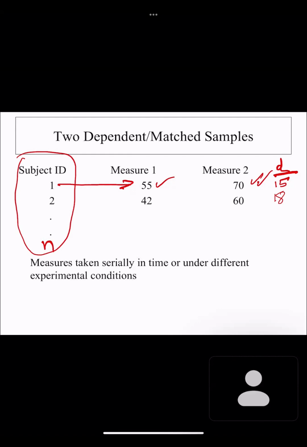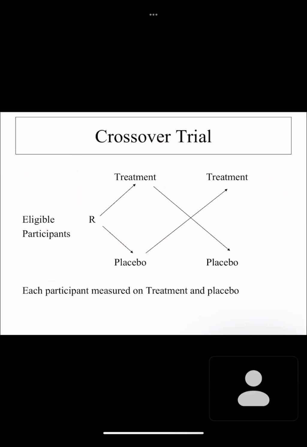Or I can have two groups of people, but they are matched. Matched meaning they share very many common characteristics, but one group is exposed to war and the other is not. So measures are taken serially in time or under different experimental conditions.